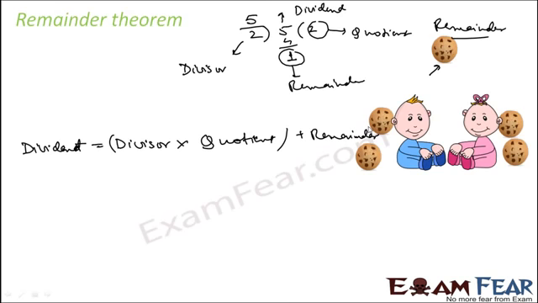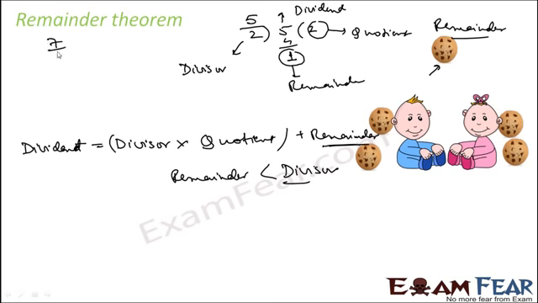Also note here that the remainder is always less than the divisor. See, there were 2 kids. The remainder, if we had 3 cookies more, we could have actually divided. So the remainder is always less than the divisor, not the quotient.